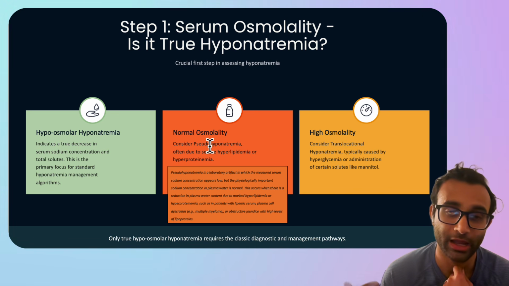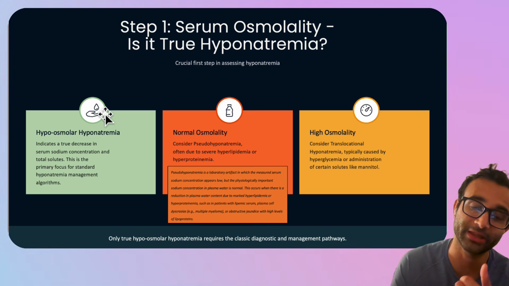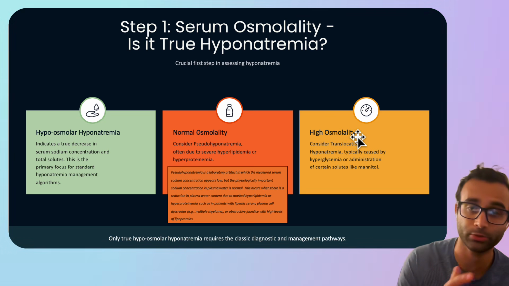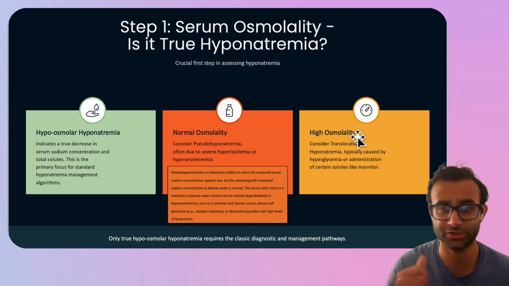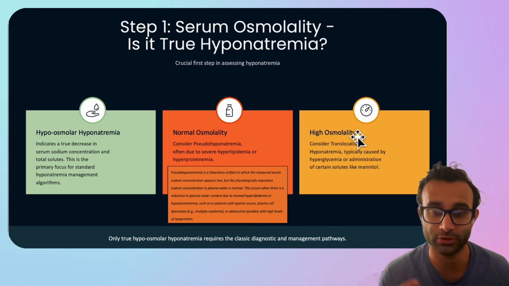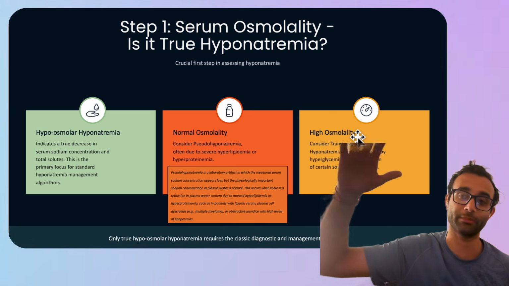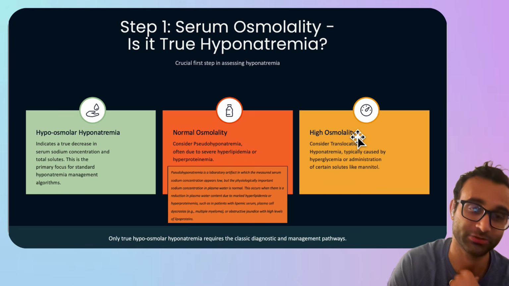The first one is the only one you really have to worry about because that's true hyponatremia. In the second and third cases, your sodium is only low because it's being confounded by other things in your bloodstream. And so that's usually not too big of a deal, and you can often correct for those things. For example, when you're hyperglycemic, you can correct for hyperglycemia to see what your true sodium level is. And that's not as worrisome.